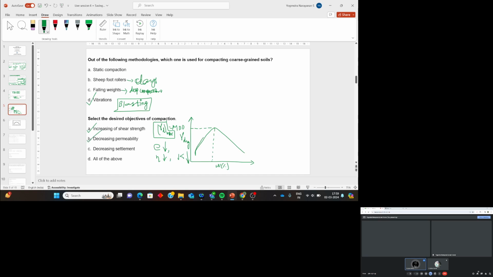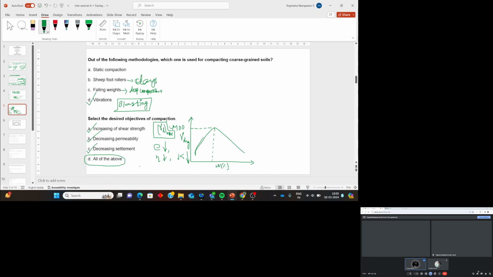So B is also right. Settlement: since the air voids are removed, further volumetric change under these circumstances cannot occur. So ultimately, settlement also will be decreased. So the option is all of the above.